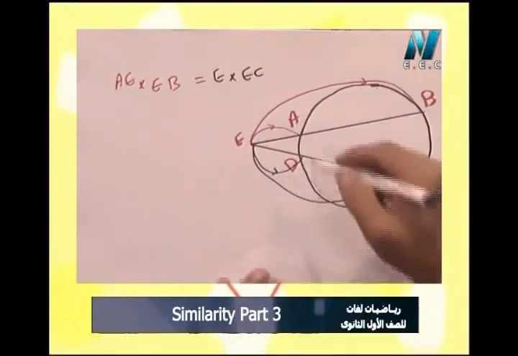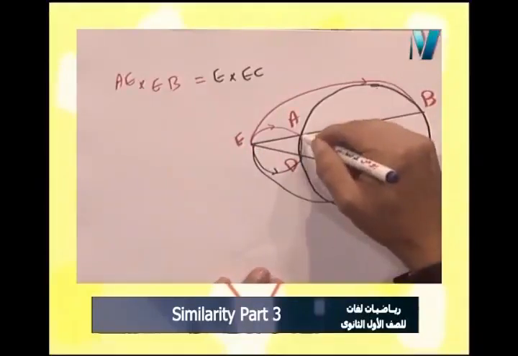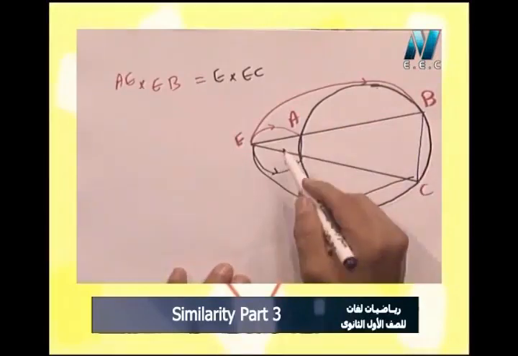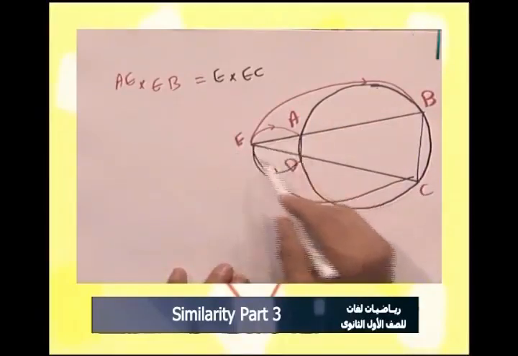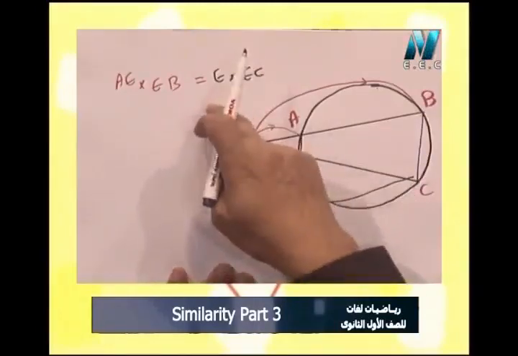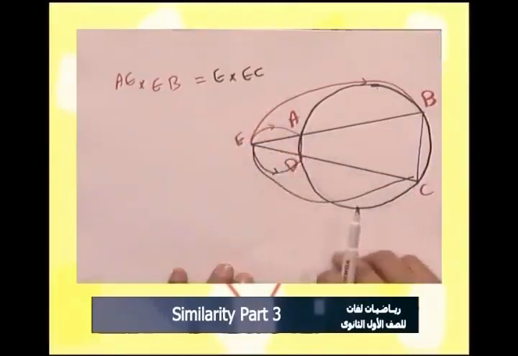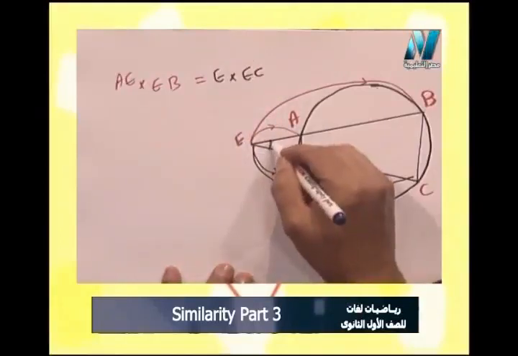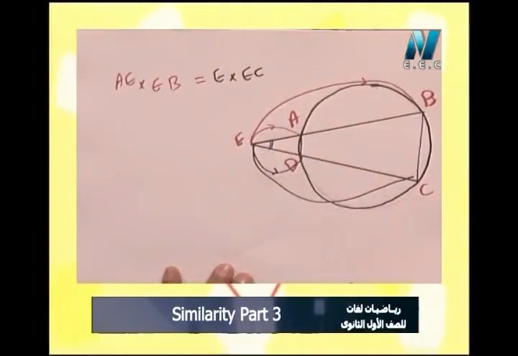If we join AD and BC here and try to prove that this small triangle, AED, is similar to the triangle BEC, we will deduce this relation. Now this angle is a common angle between the two triangles.